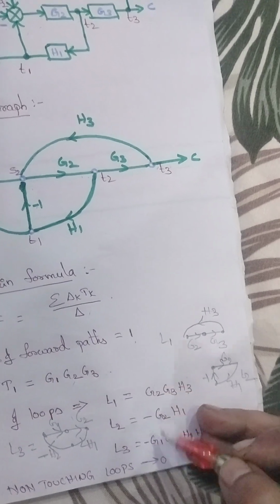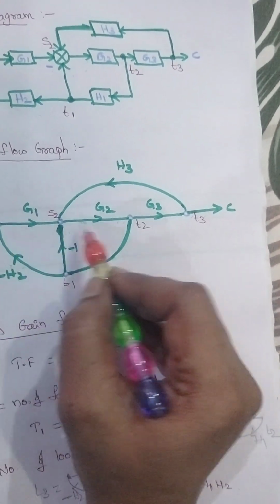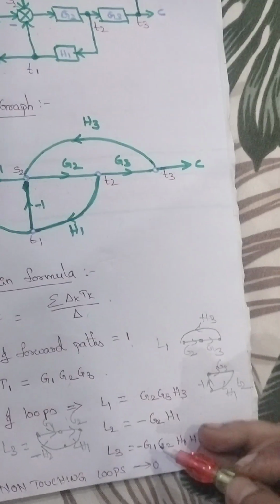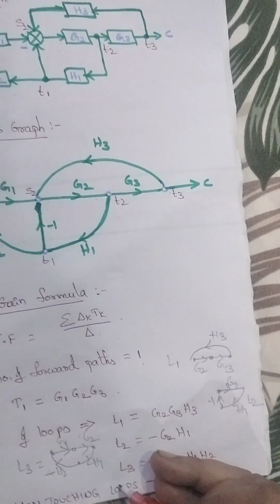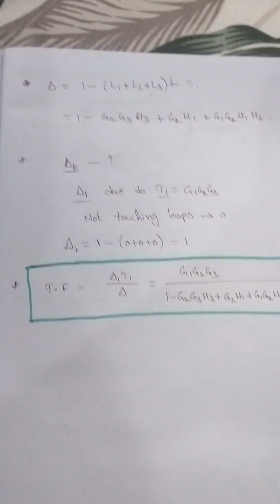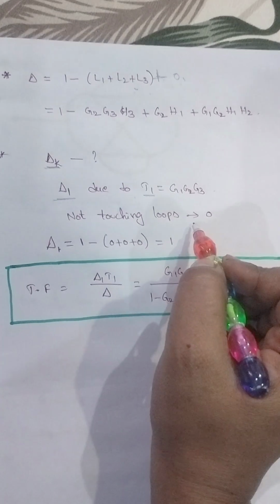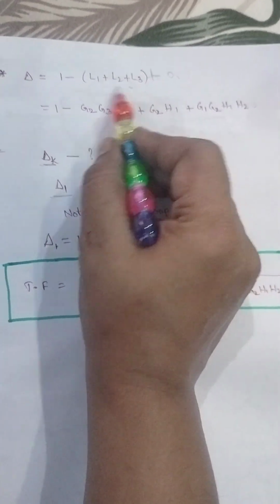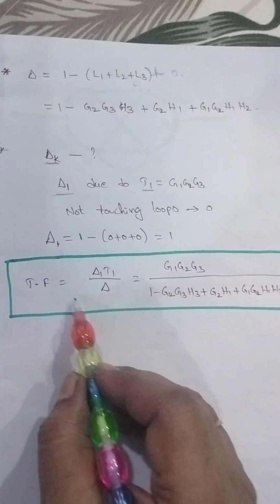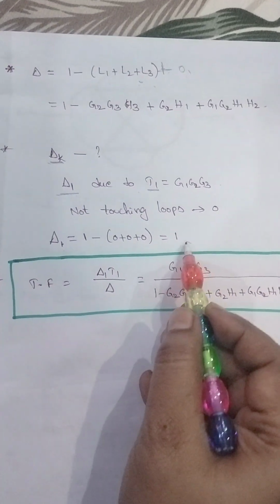But here there are no such loops. All the loops are touching this forward path. That's why L1, L2, L3 are 0. If you substitute L1, L2, L3 as 0 here, delta is equal to 1. That is here delta 1, so delta 1 is equal to 1.